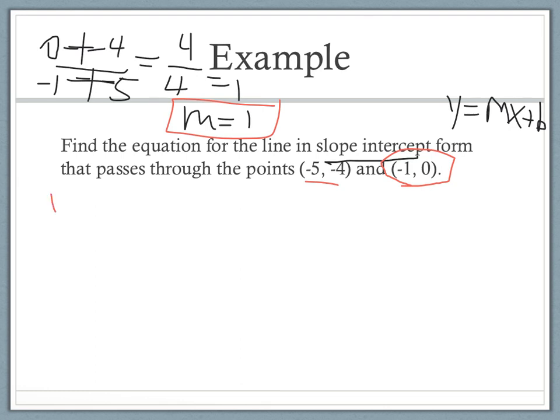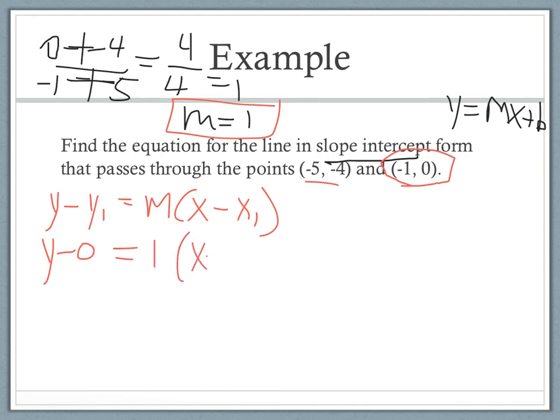So I'm going to use my point-slope form, so y minus y1 equals m, then x minus x1. Okay, you're always going to use this one because it's the one that you just need a point and a slope to use. Okay, so let's plug in our stuff. So I have y minus 0 equals my m, which is 1, then x minus negative 1.